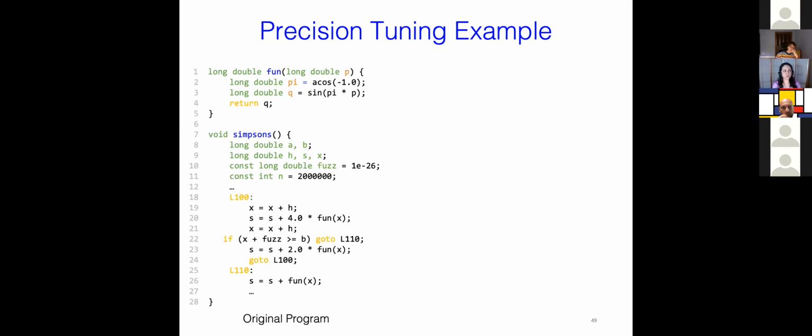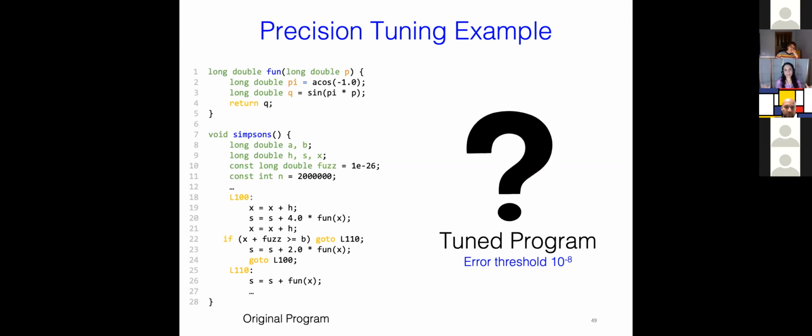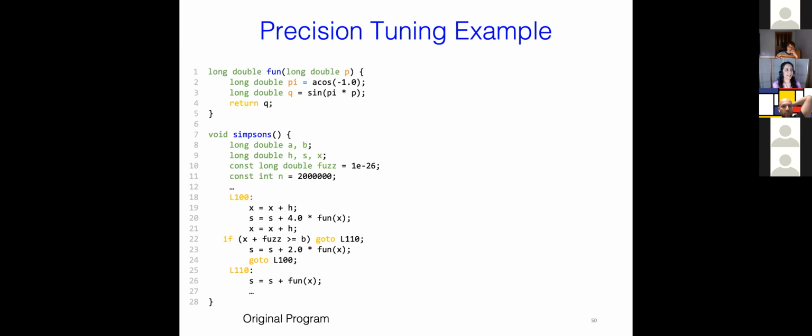There are also two calls to math functions on lines 2 and 3. The question is, if I'm willing to tolerate some error in the result computed by this program, can I reduce precision anywhere to improve performance? And the answer is yes.